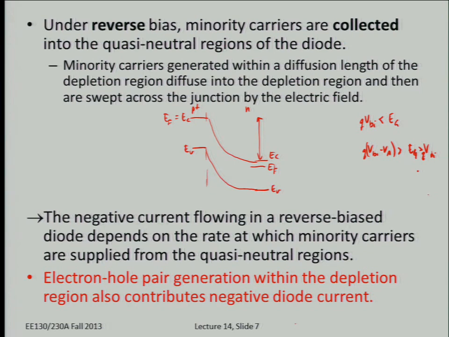Okay, so if an electron-hole pair is generated, let's say by shining light on the semiconductor, the electrons will go to the right because of the built-in electric field that exists in the depletion region, and holes will move to the left.